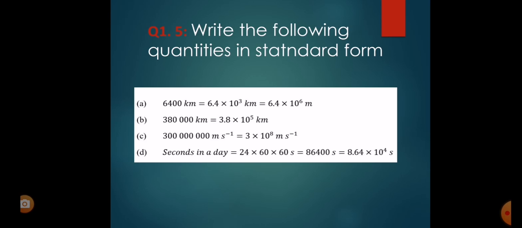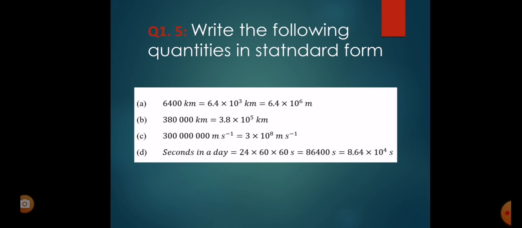Next, there are 8 zeros. 3.0 into 10 raised to power 8 will be the right answer, or simply you can write 3 into 10 raised to power 8 meter per second, it will be right. Next, the D part, seconds in a day. First you have to calculate the seconds in a day. There are 24 hours in a day. First you have to convert it into minutes. 24 into 60 will convert into minutes, and another 60 will convert into seconds.